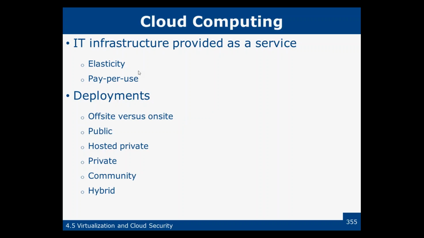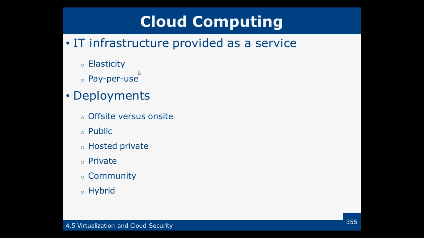You go to the provider and say, okay, put another machine on for me, and they can do that. Pay per use, instead of having hardware and network resource that you're not using, you only pay for what you're using.